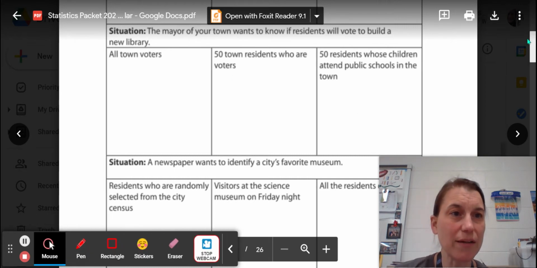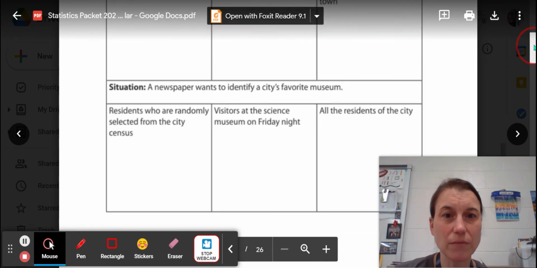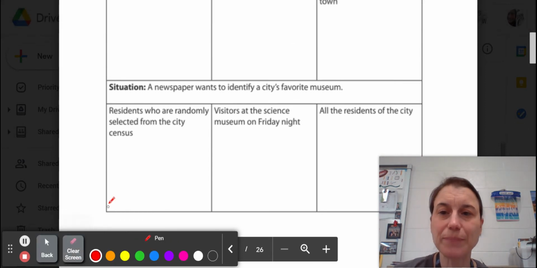Okay, let me scroll down again. And let's look at this last one here on this page. A newspaper wants to identify a city's favorite museum. Well, a city isn't really a thing that could have a favorite.